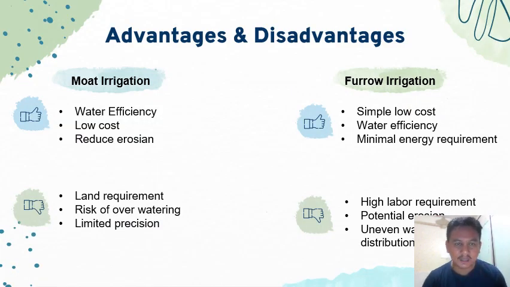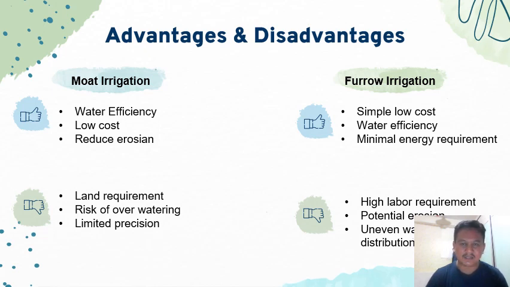What are the advantages and disadvantages? For moat irrigation, advantages: water efficiency, low cost, reduced erosion. Disadvantages: land requirement, risk of overwatering, limited precision.